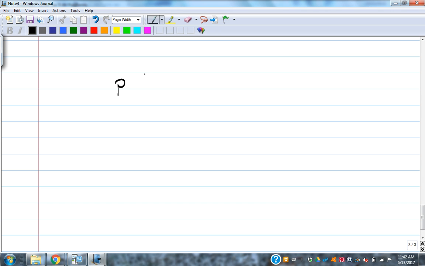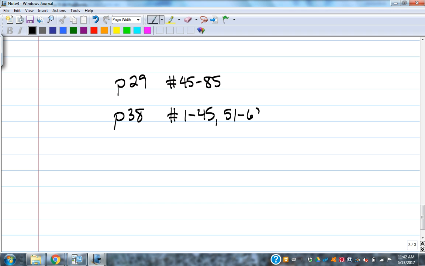So page 29, I believe, is the R3 section stuff. 29 and forward from there. 45 through 85 is where we looked at that sort of problems. Page 38, 1 through 45, and then 51 through 69. I would suggest looking at the odd ones there if you're going to look there.